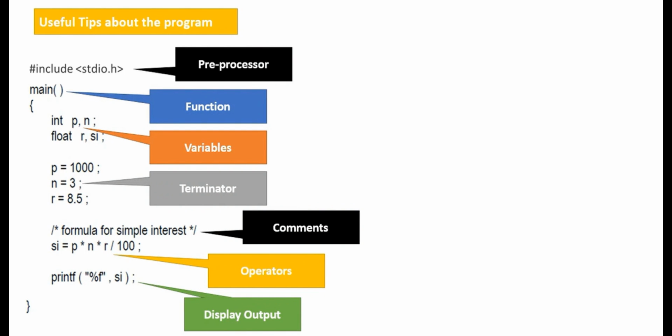Like if you see the simple interest, it will give you the value in decimal points. It's not a complete integer, it will give you a result in point form. So f stands for float, that means floating point. So %f is a format specifier of float type, and SI is the variable that stores the value of simple interest. So printf within the brackets, "%f" comma SI, will display the output.